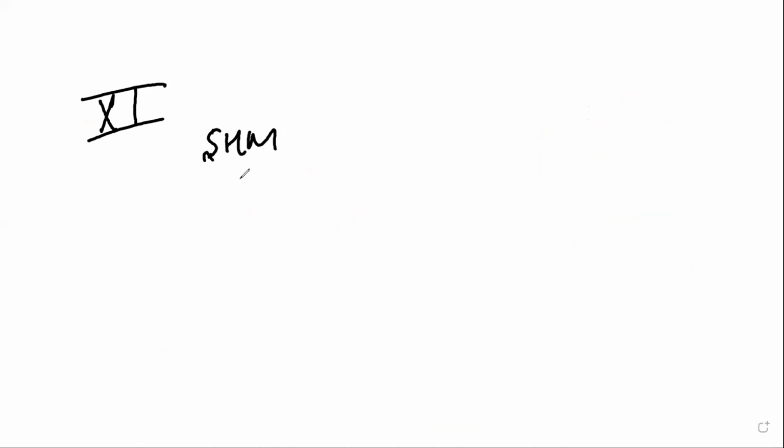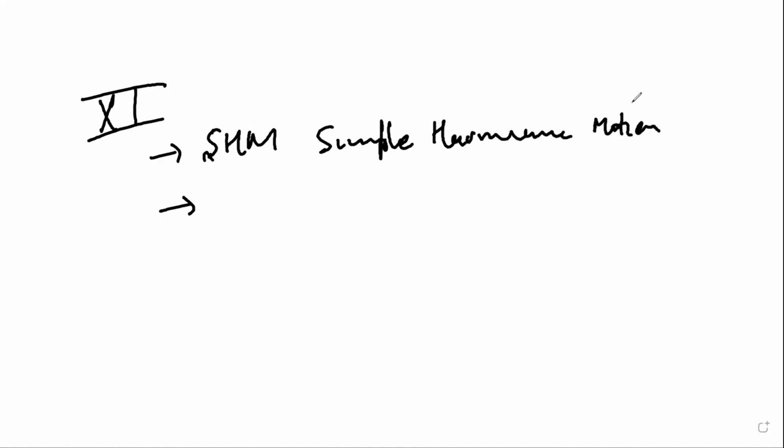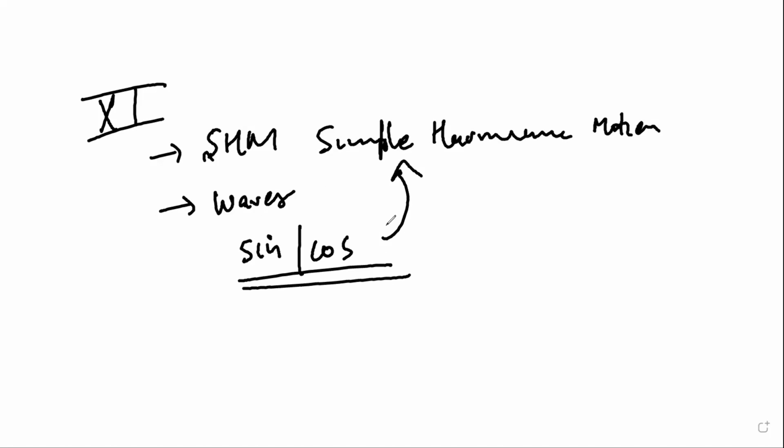The major part of these circular functions would become very important when we are doing simple harmonic motion, and when we are doing waves. These are the last chapters of physics, class 11th. So whatever we are learning now, the sine and cos curve, will be very fundamental to these two chapters.